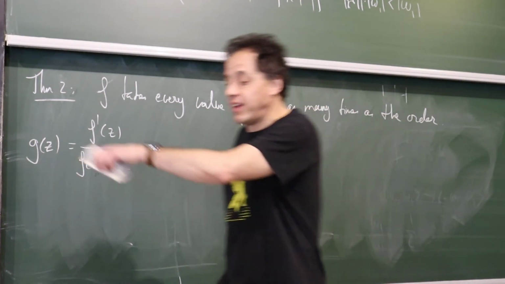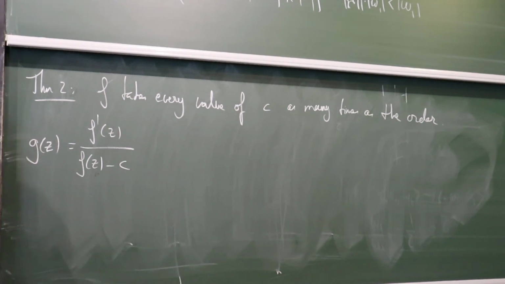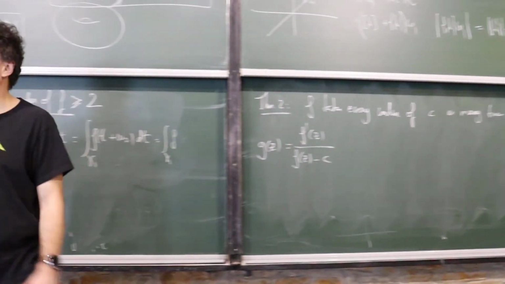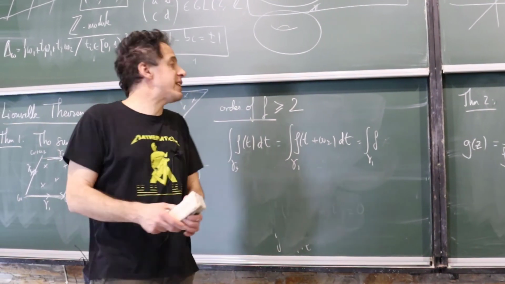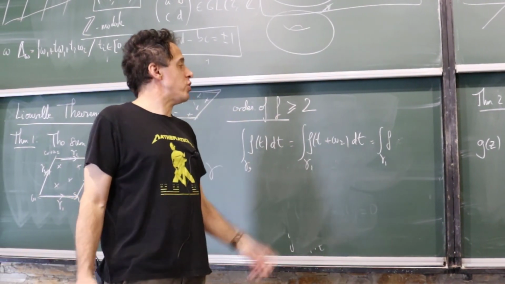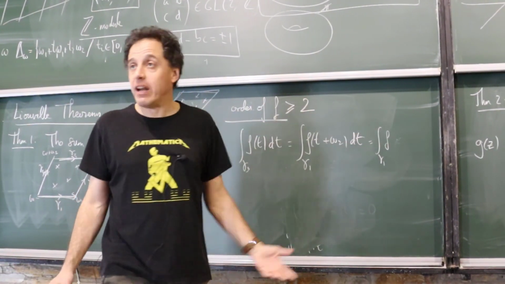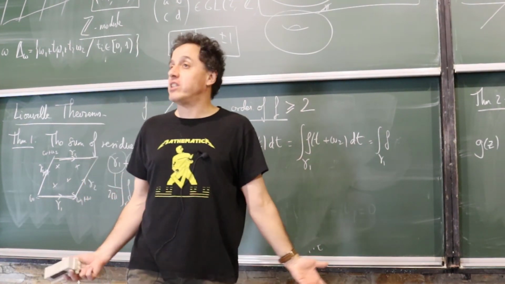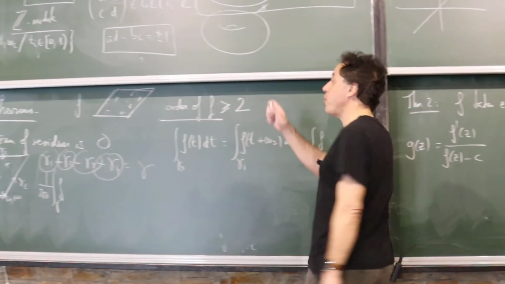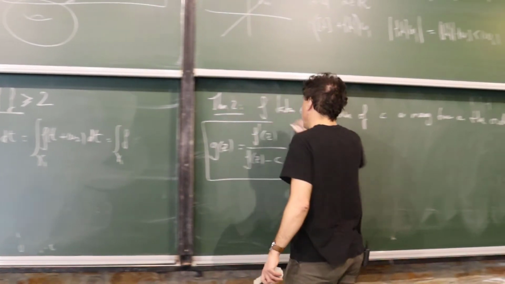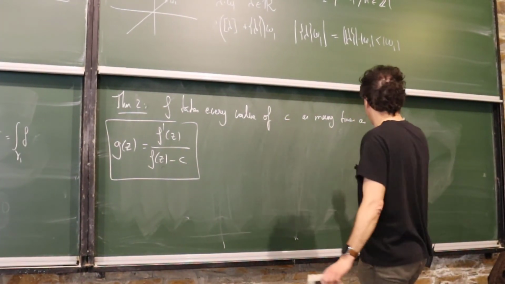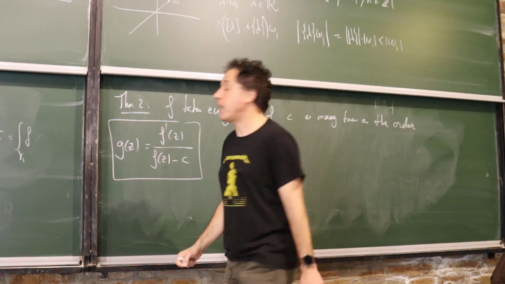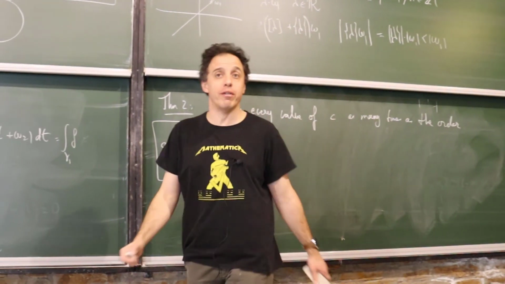So it says that the sum of the orders of the poles minus the sum of the orders of the c-points of the function must be 0. So applying theorem 1 to this function, we obtain that every value c is taken exactly as many times as the order of the function.